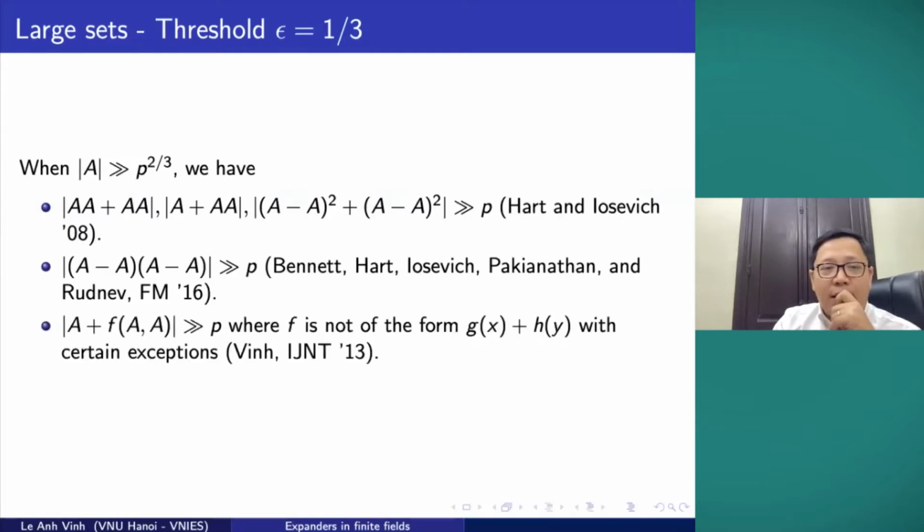And a more general result concerns 3 variables of the form A plus f(A,A), where f is a 2-variable polynomial. It's also a moderate expander, given that A is bigger than P to the power 2 over 3. And we want a better threshold. We want to break the 2 over 3. It has been broken, but at that point, that is the result. And most of the results here are given using the Fourier method.